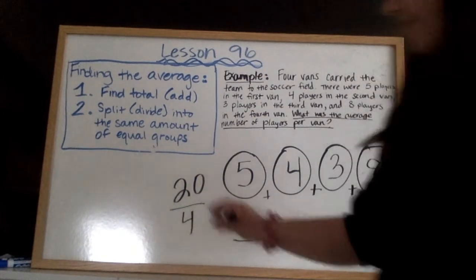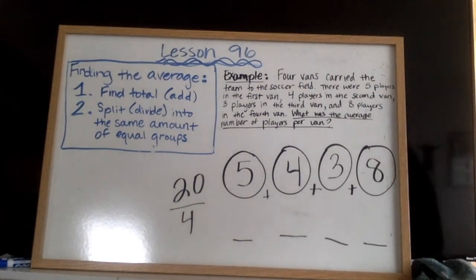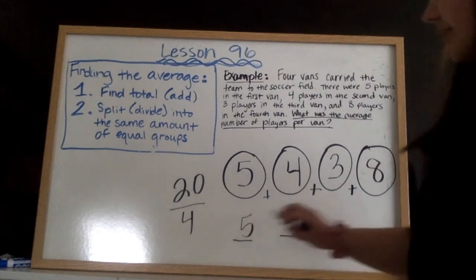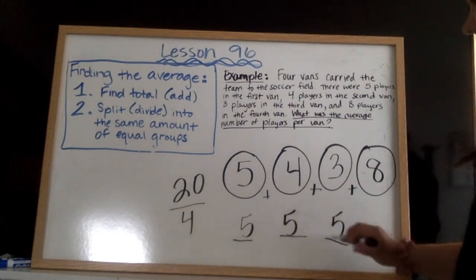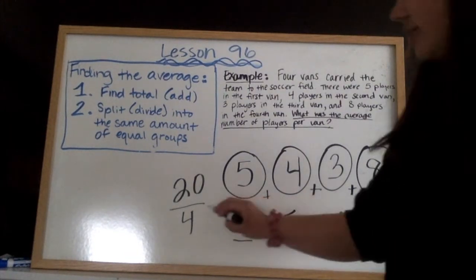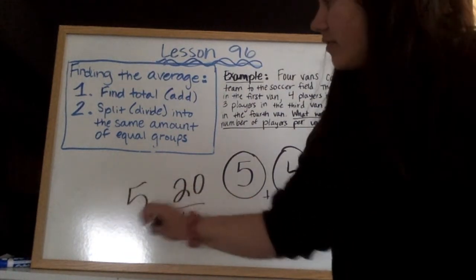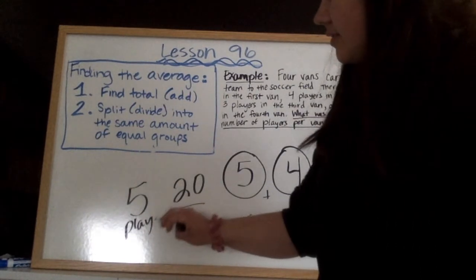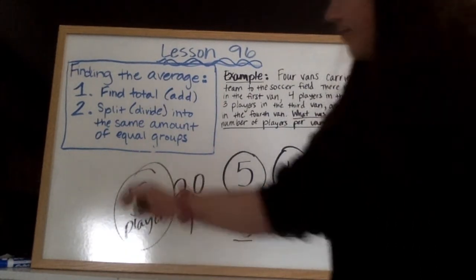So we're dividing by 4. We know 20 divided by 4 is 5. So each of these groups would be equal to 5, and that would be our average, okay? So 5 players would be our answer, okay?